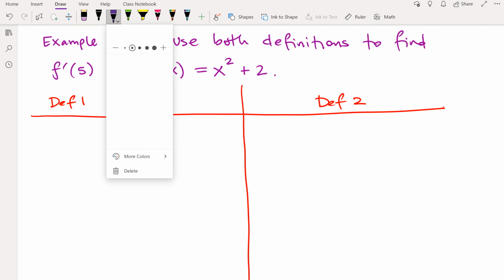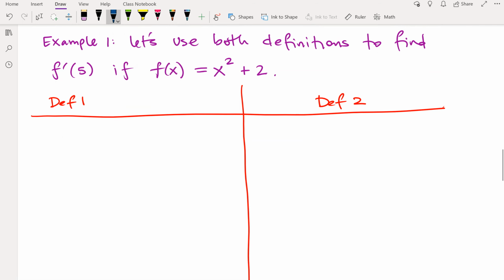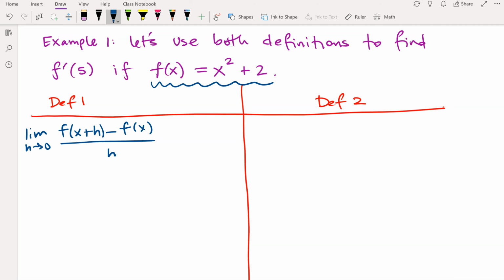The first one was the limit as h approaches 0 of f of x plus h minus f of x over h, right? We have a function, and we want to find the derivative of f of x at x equals 5.